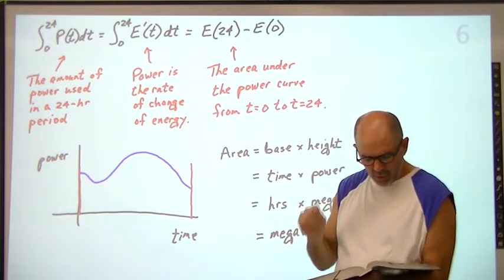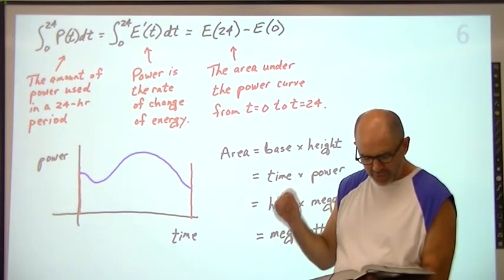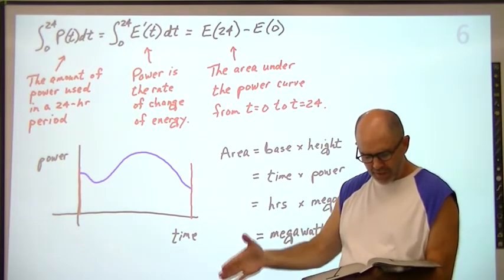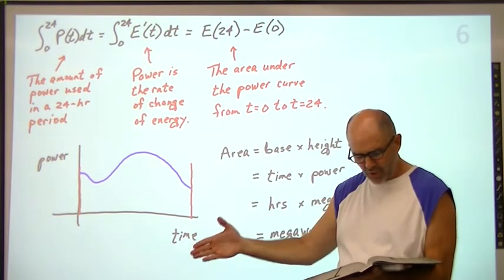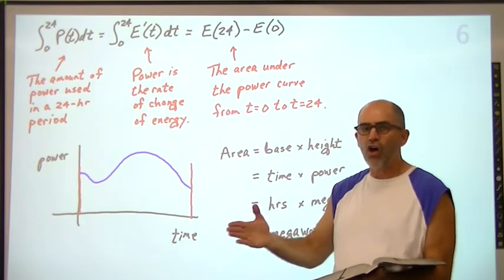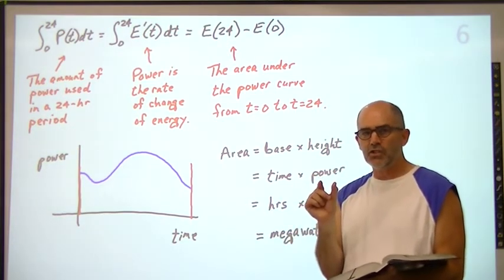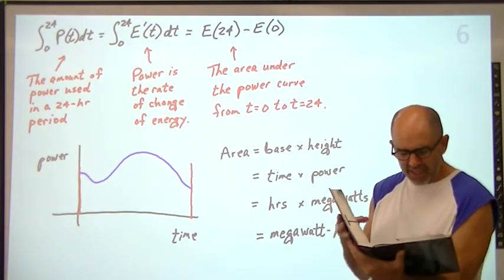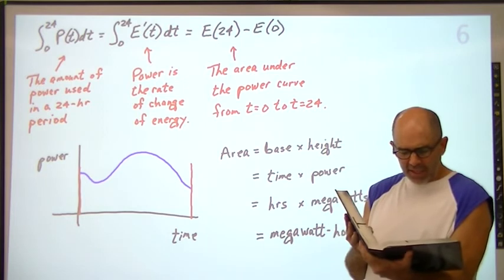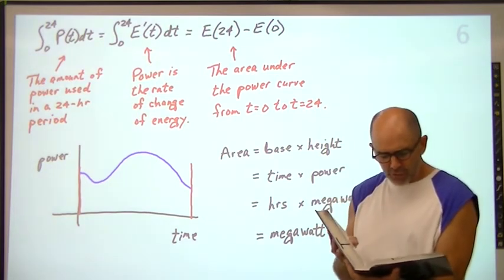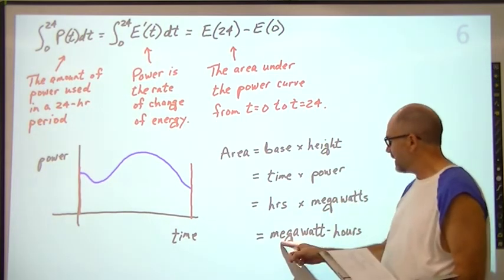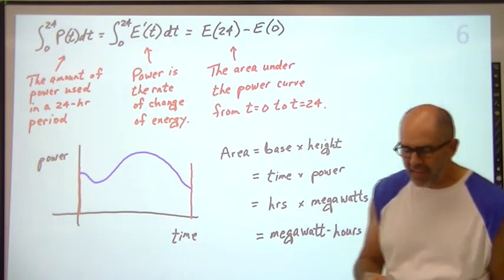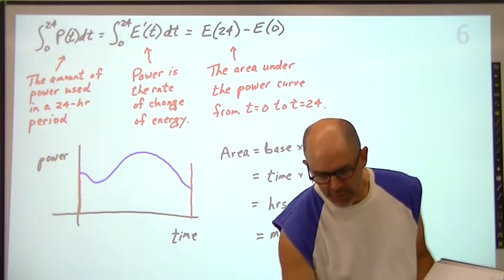It's the power at the first hour plus power at third plus power at fifth plus 7th, 9th, 11th, 13th, 15th, 17th, 19th, 21st, 23rd, all times 2 hours each. And we add up those rectangles and we get the area equaling 15,840 megawatt hours. That's it. Have fun with these.